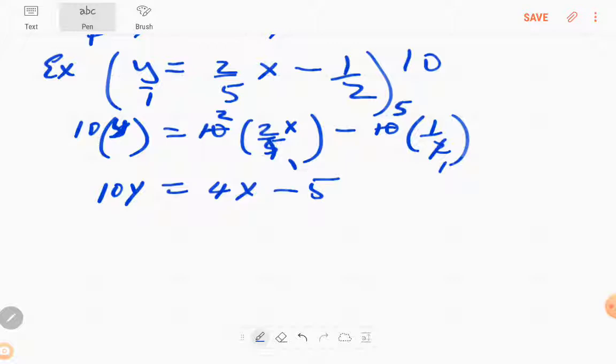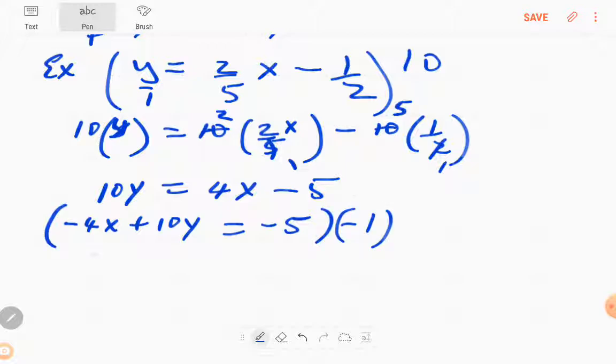So now they're all integers, so now it's just a matter of rearranging. I could subtract 4x from both sides. That would give me minus 4x plus 10y equal to minus 5. But in standard form, the coefficient in front of the x must be positive. So I could just multiply the whole equation by -1.